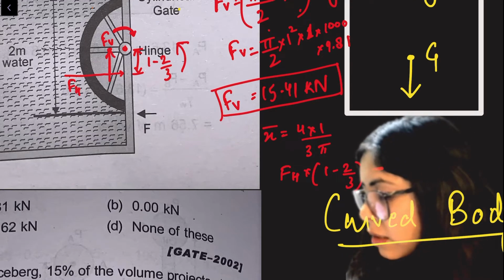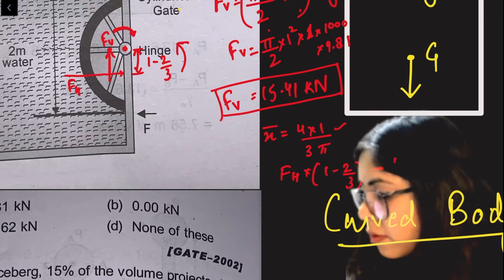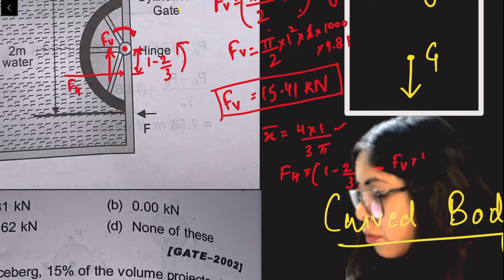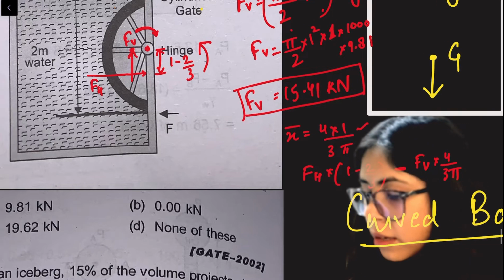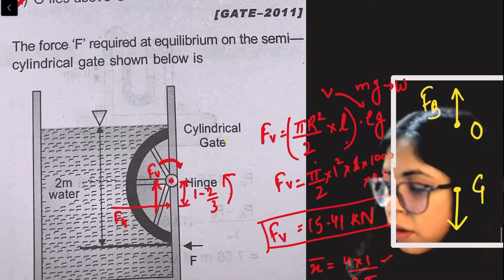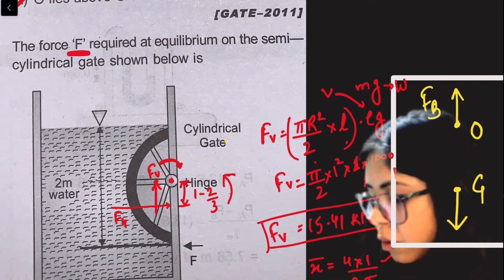Fv is at the distance 4 upon 3 pi, right? 4 upon 3 pi. So Fv into 4 upon 3 pi. And what extra force they are asking, right? So the force F required at equilibrium on the semi-cylindrical gate shown below.